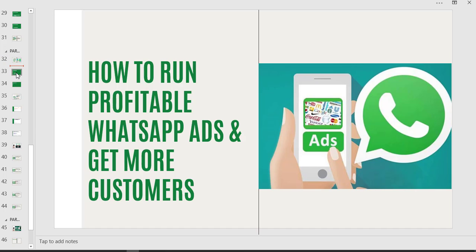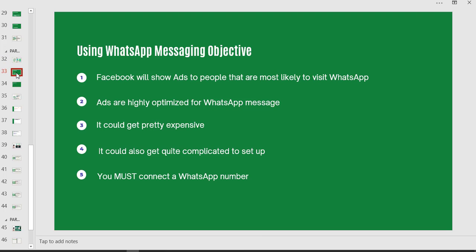This is going to be a really revealing section. Now, using the WhatsApp messaging objective, Facebook is going to show ads to people that are most likely to visit WhatsApp.